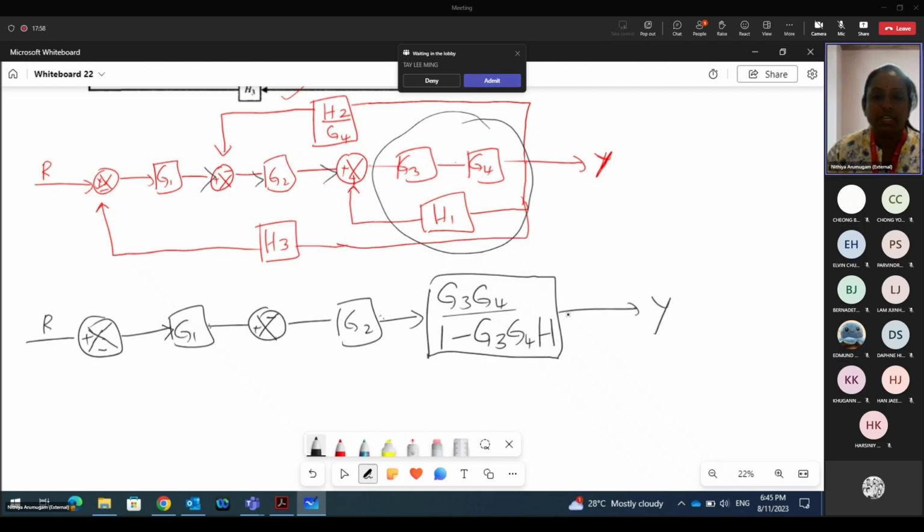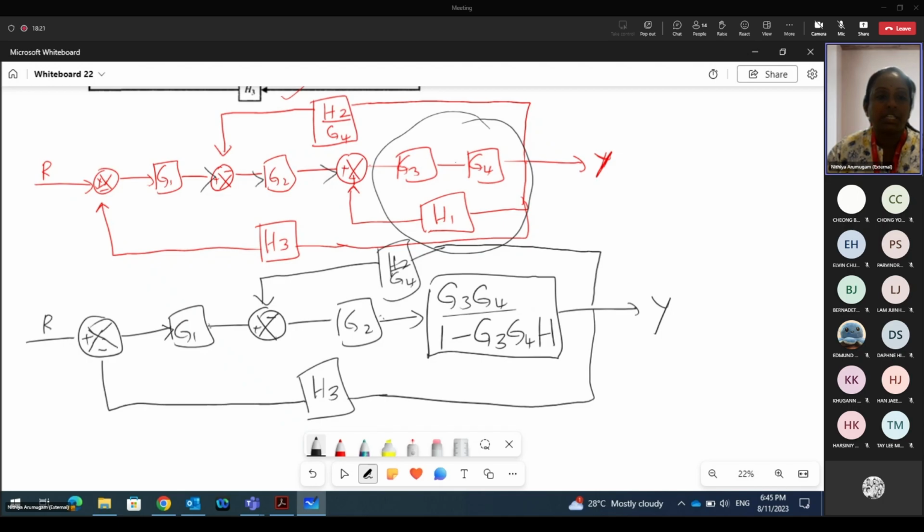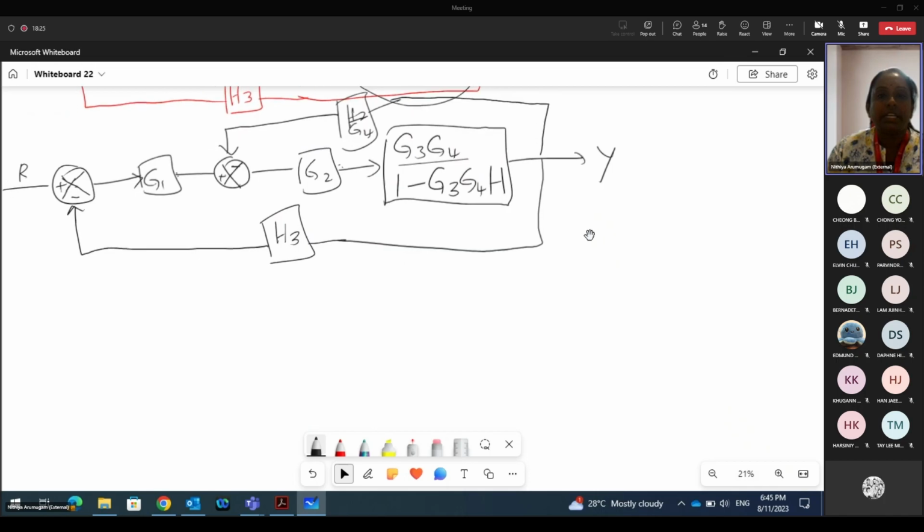Output is Y. Now the H2 over G4 loop will remain the same. And the main feedback loop will remain there also because we are not doing any modification right now. Okay. So now this is our latest block diagram.